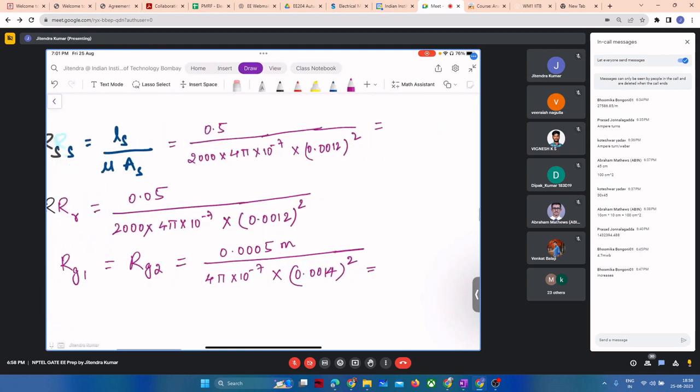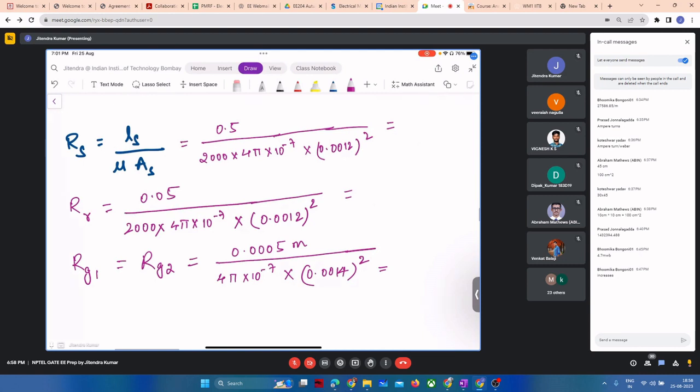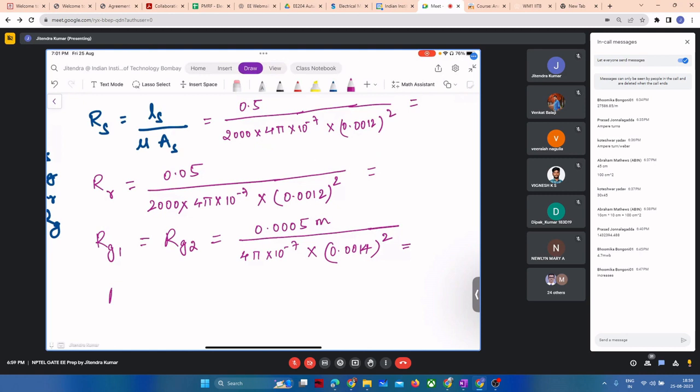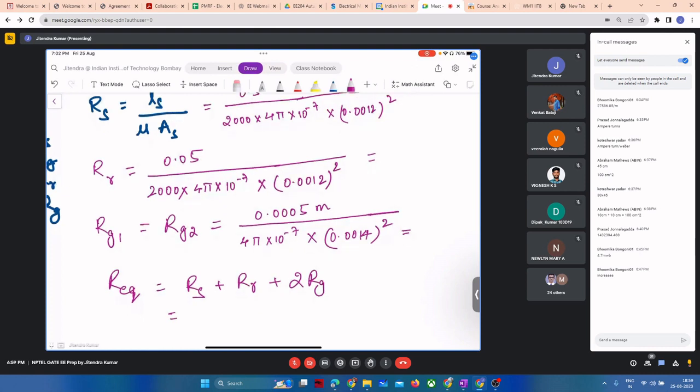Now I guess you must have computed the reluctances. So how much overall reluctance is coming, you have to let me know. R equivalent is RS plus RR plus 2RZ.